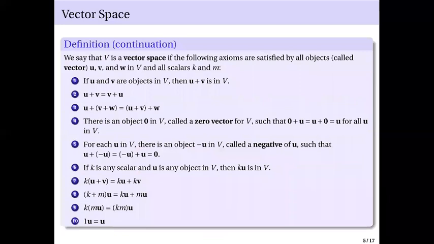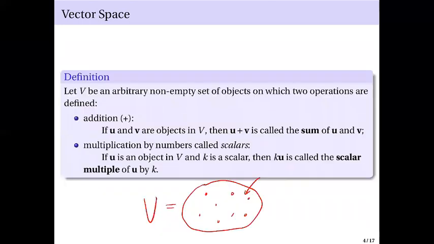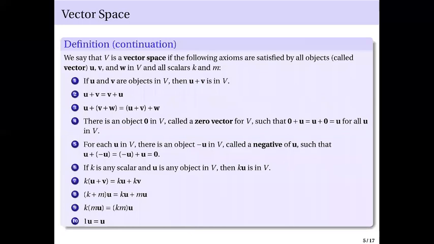So we say that that non-empty set V with two binary operations given by this addition and scalar multiplication is a vector space if these axioms here are satisfied. We have 10 axioms here.